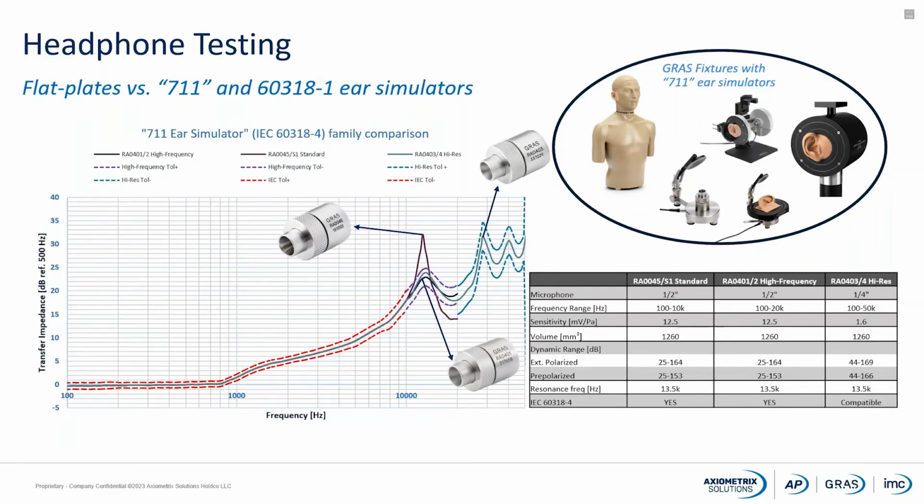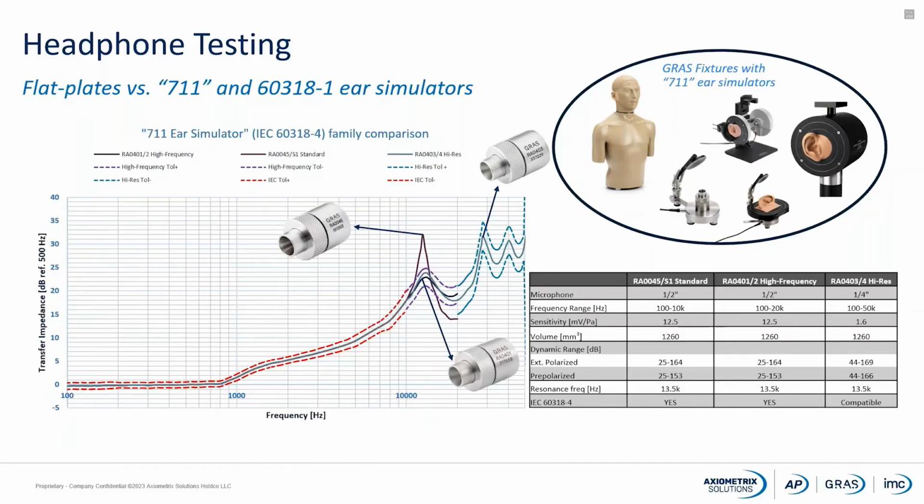Some of you are interested in measuring even higher up in frequencies. Some of you are interested in measuring according to the high-res standard, the high-res Japanese standard, up to 50 kilohertz, and that's actually possible with our high-res ear simulator.